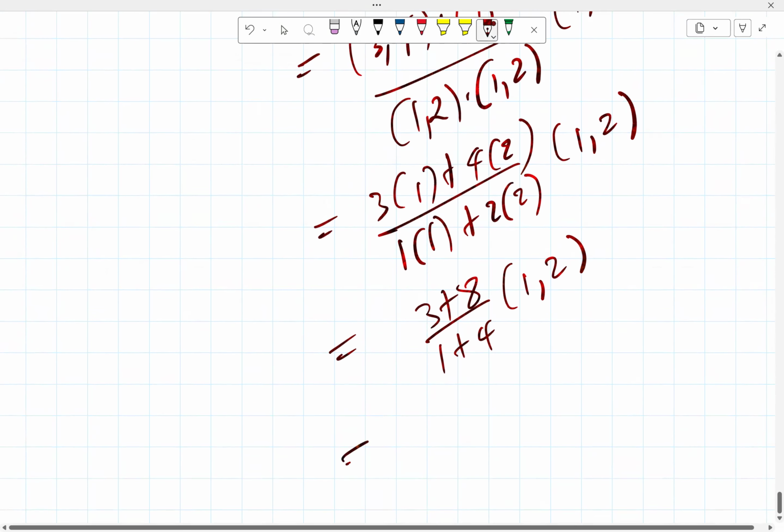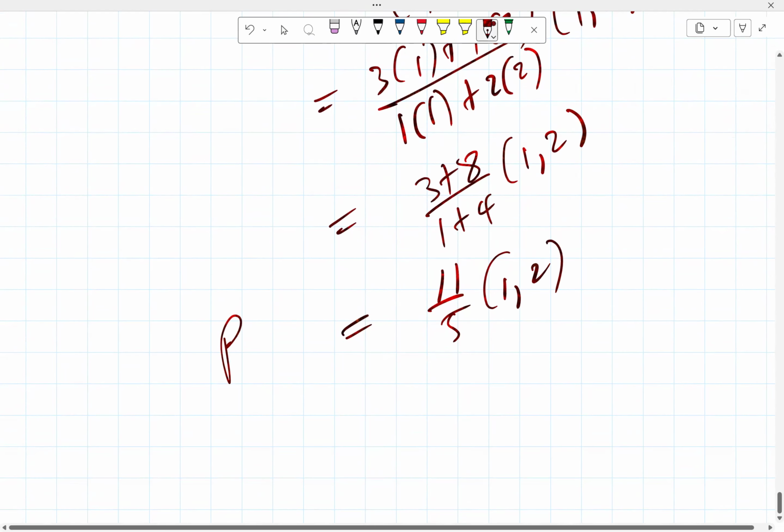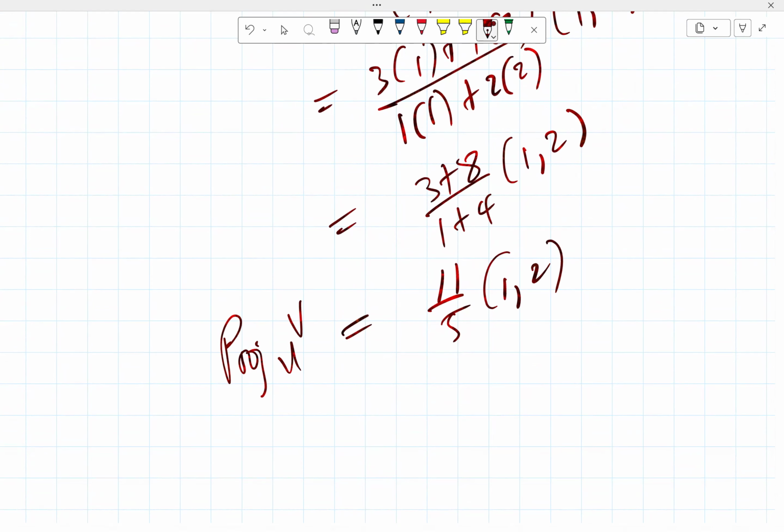So that means we have 11 over 5 into (1, 2). So you can leave it this way, right? That the projection of V onto U is 11 over 5 into (1, 2), which is the same thing as (11/5, 22/5).